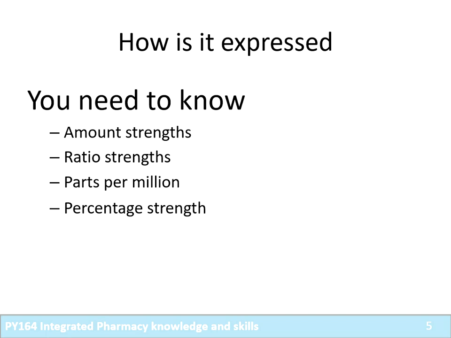We also have percentage strengths, and those come as percent weight, and that means number of grams per 100 grams. We have percent weight volume, which is number of grams per 100 mils. And finally, we have percent volume, which is number of mils per 100 mils. Those are things you actually need to know. They won't normally be given to you.